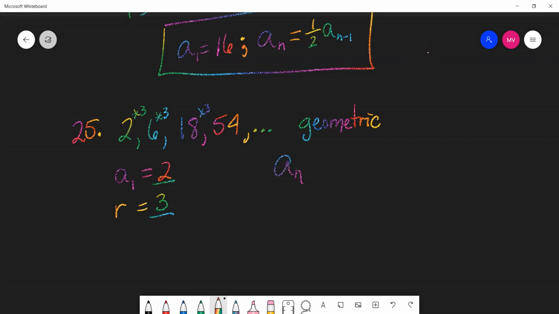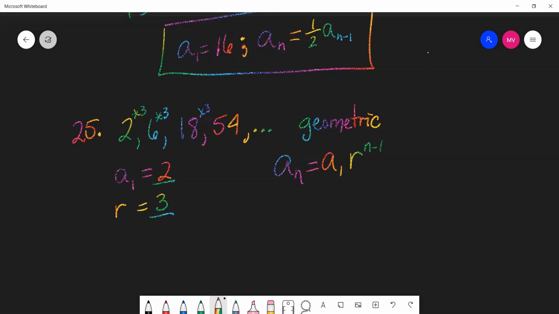So this one is an, the term at any position n, that's the position number, equals the first term in the sequence, which is in position 1, times the ratio raised to the power of the previous term position.